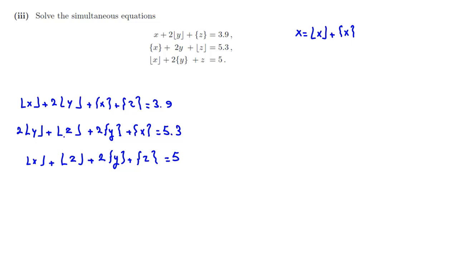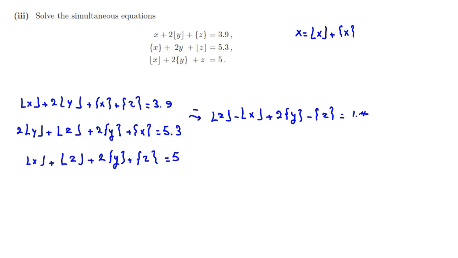Again, here we should see how we can cancel these things. So let's first subtract this minus this. This one will be cancelled. So integer part of z minus integer part of x. This minus this one will be cancelled, plus 2 times fractional part of y minus fractional part of z equal to 5.3 minus 3.9, which is 1.4. Okay.